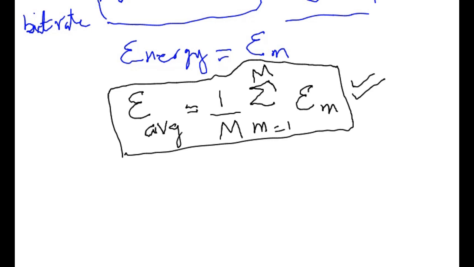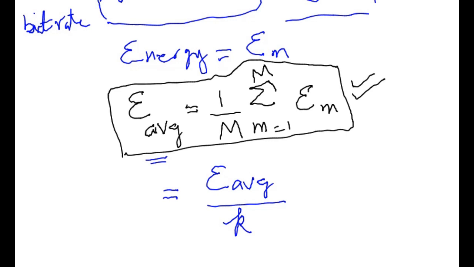Similarly, the average bit energy can be computed, and it is related to the average symbol energy. If you know the average symbol energy, you can just divide it by k, because each symbol carries k bits.